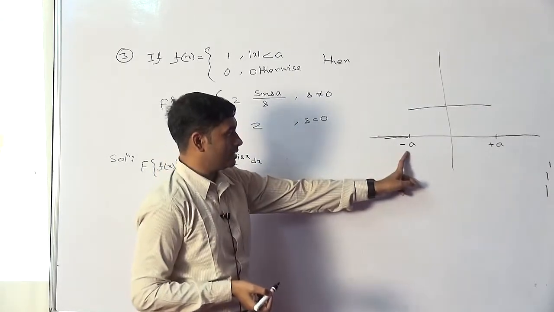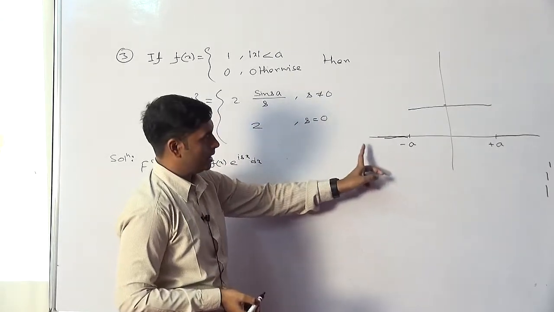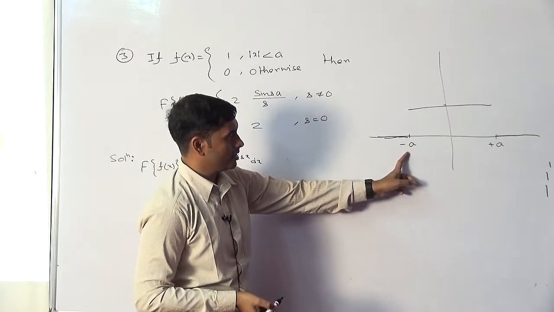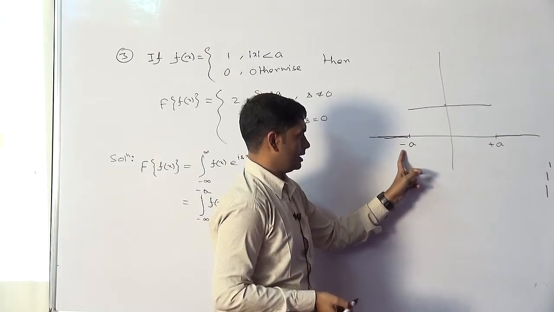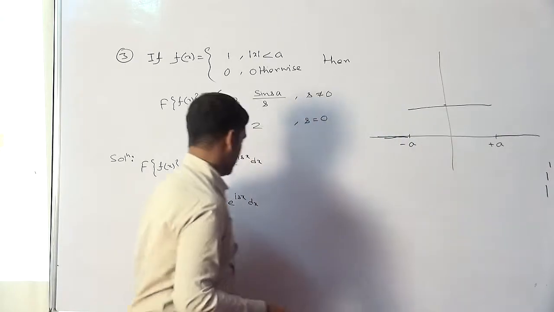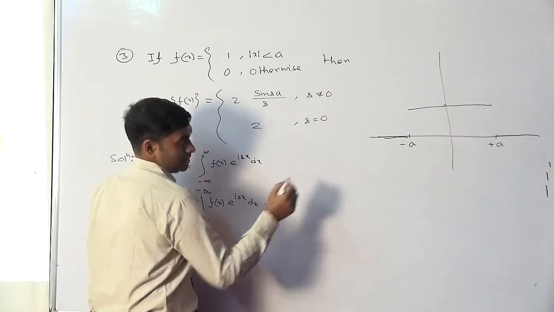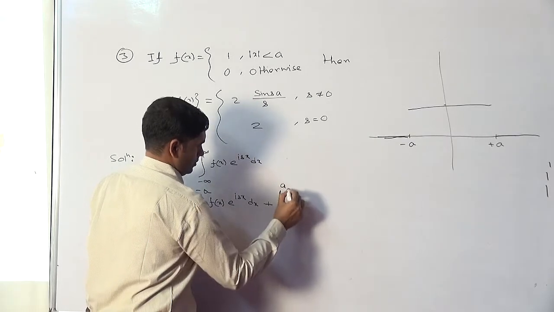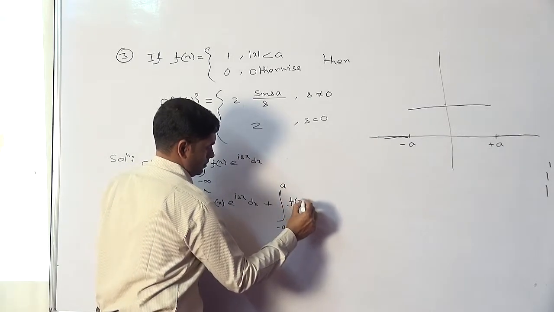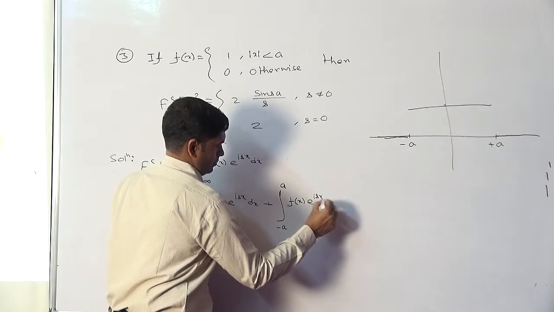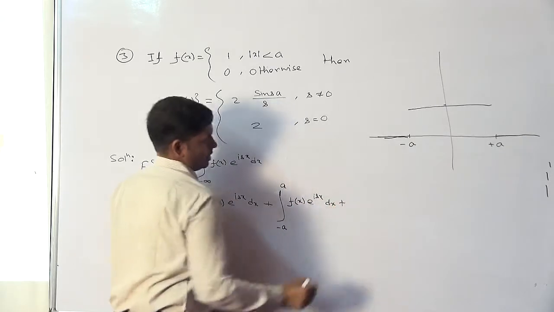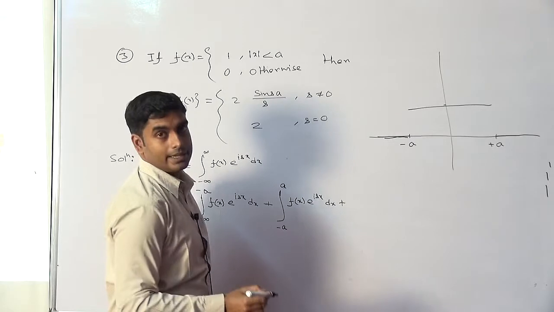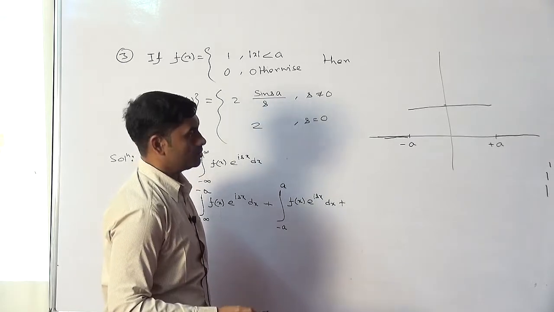So in this part the function's value is 0 from minus infinity to minus a, and the next part will be minus a to a, so we write down this one. In this case the function value will be 1. And the last one, from a to infinity, in this case also f(x) is 0.